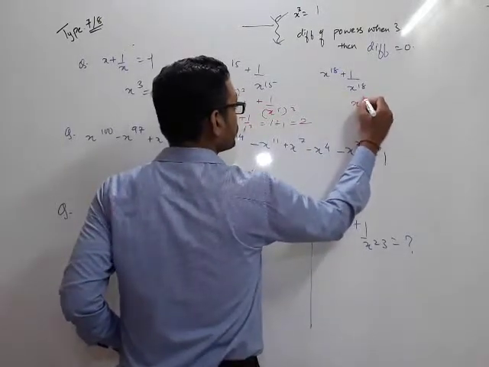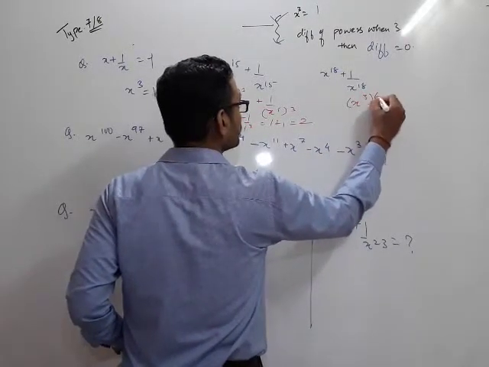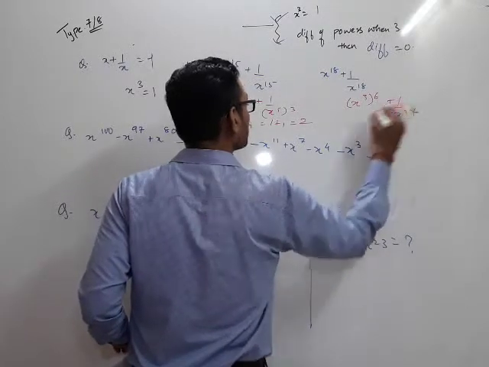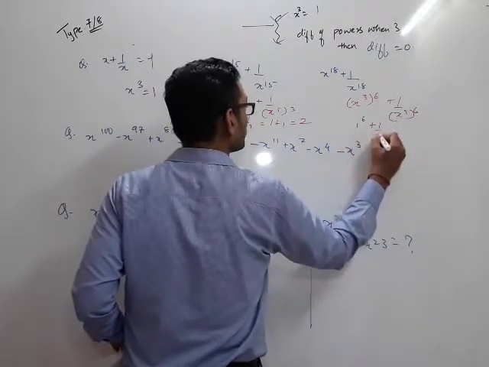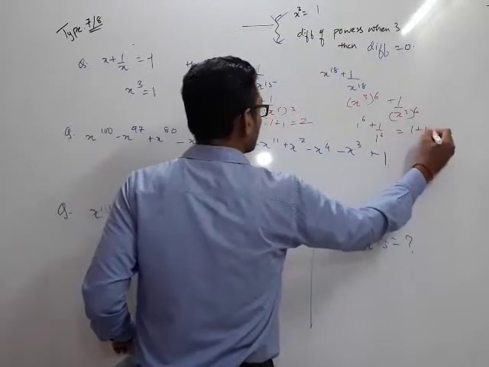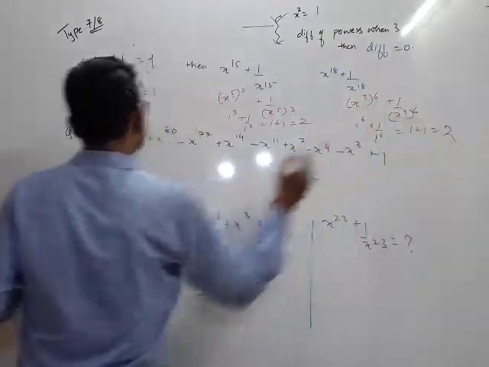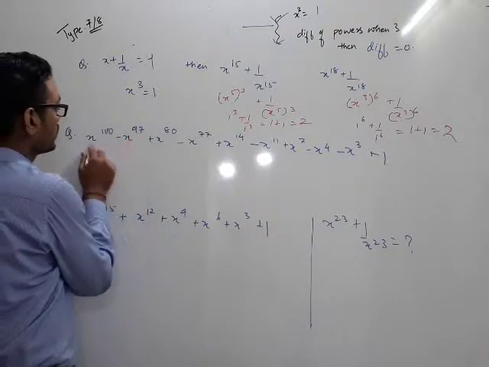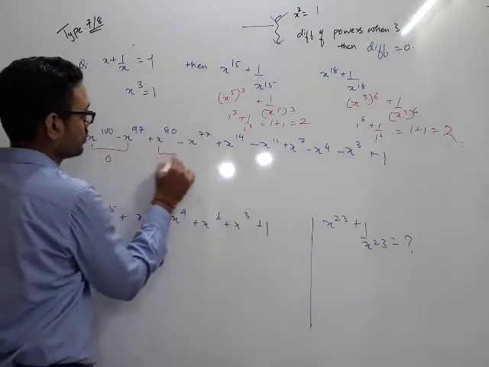X raised to 3 into 6 plus 1 upon x cube to 6, 1 raised to 6 plus 1 upon 1 raised to 6, 2. Now the difference of powers is 3, then the difference is 0.